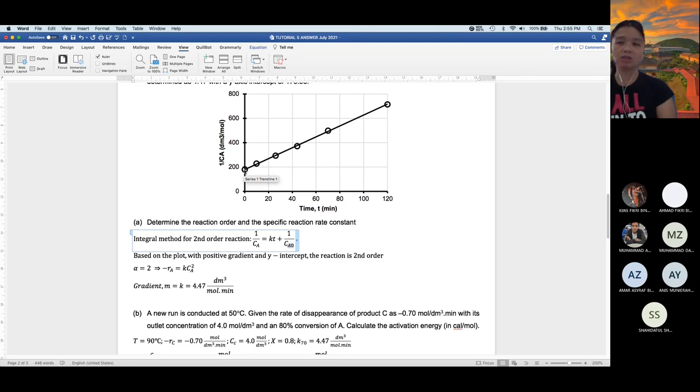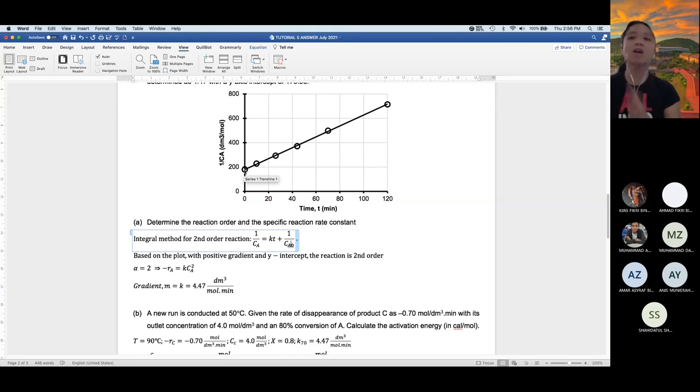So kamu kena faham. Macam saya kata dalam lecture, kalau tindak balas kamu tu first order, kamu run eksperimen dia, kamu plot graph, kamu tak akan dapat graph yang akan memenuhi kedua-dua ciri ini. Mesti tak akan dapat. Either you get negative slope, atau tak ada y-intercept, sebab experimental data tu betul-betul akan fit hanya kepada reaction order yang betul.